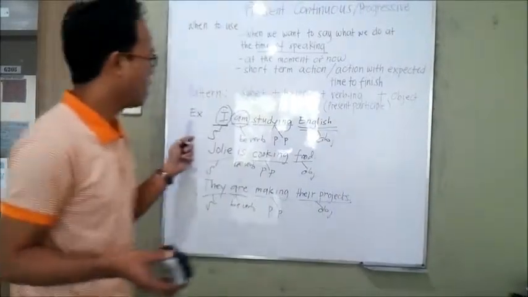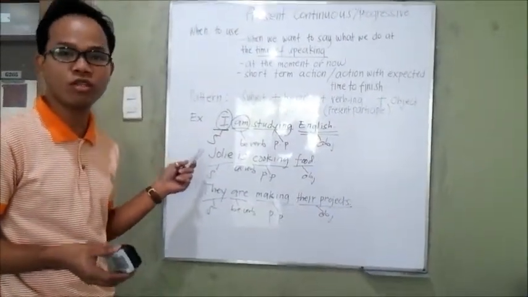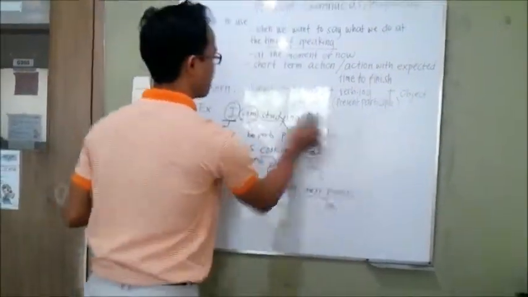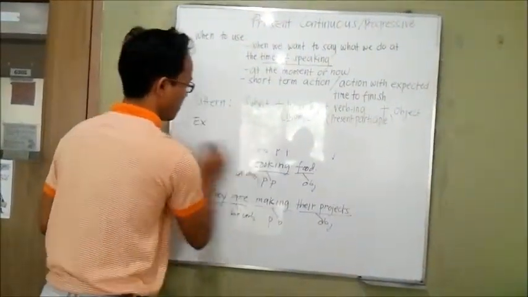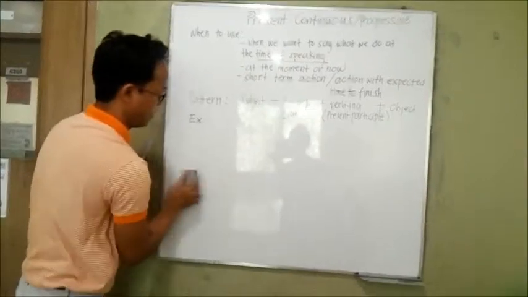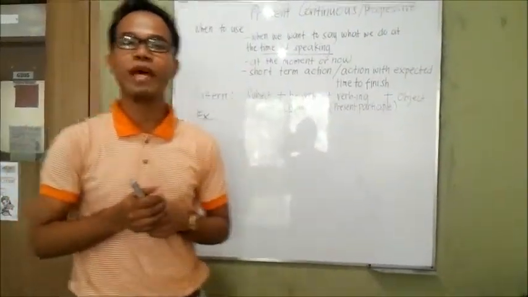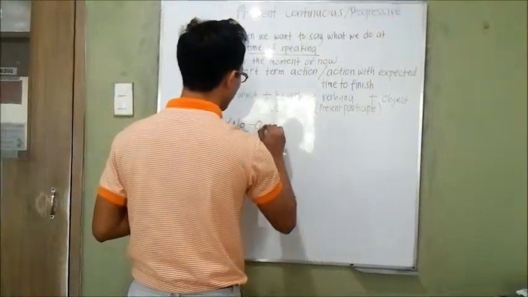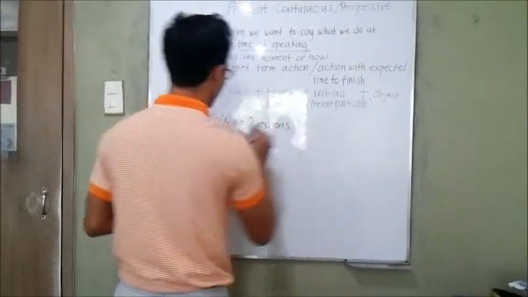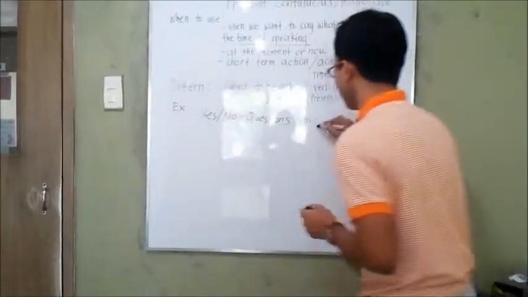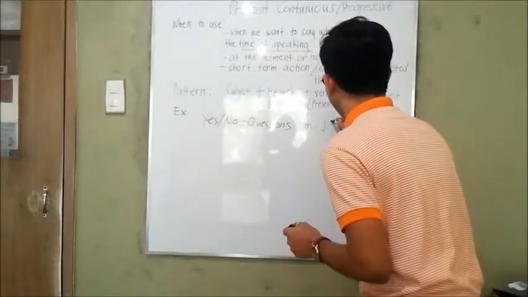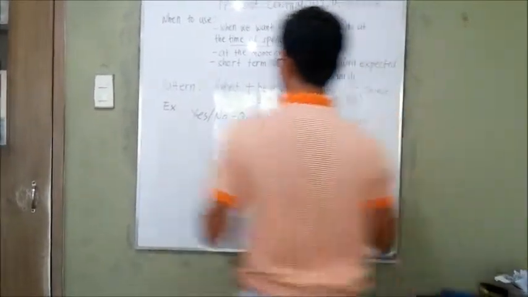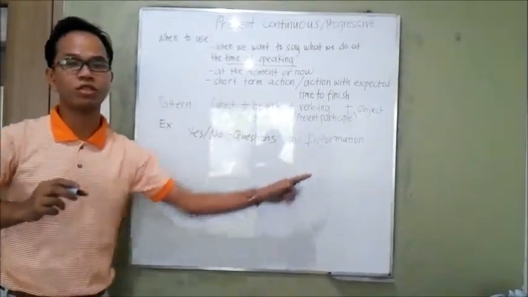This time, let's study how to make questions using present continuous, because what we have seen so far is what we call a statement. In questions, we have two types: yes-no questions and information questions.